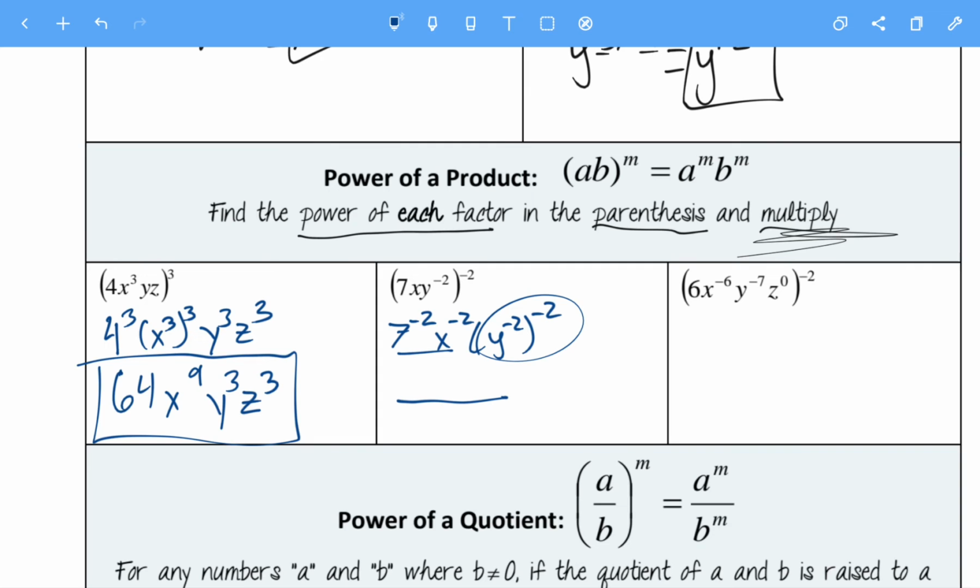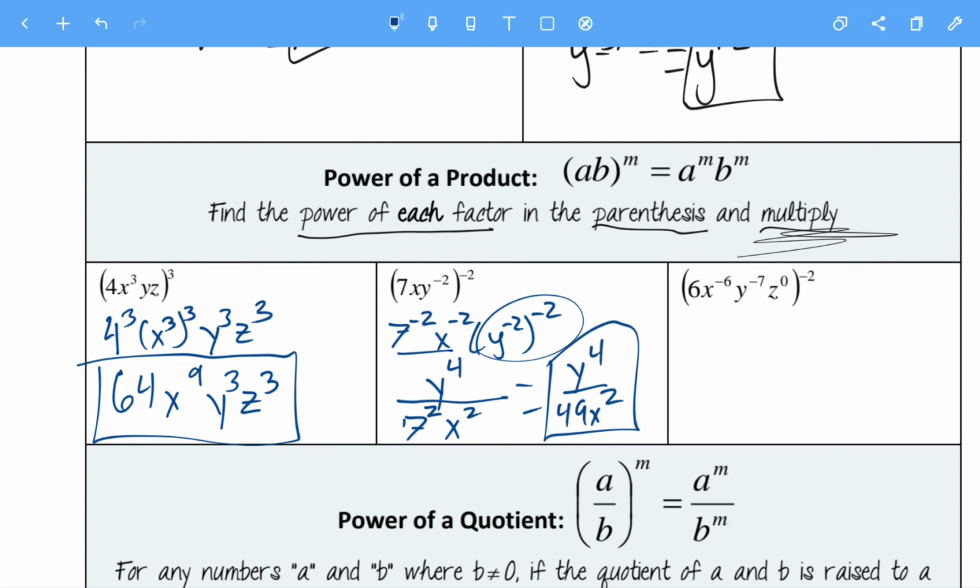So we're going to have a fraction. y to the negative 2 to the negative 2 power is y to the fourth. And on the bottom, we get 7 squared x squared, which is 49x squared. So y to the fourth over 49x squared. And you're done. I know that one was a little tricky.